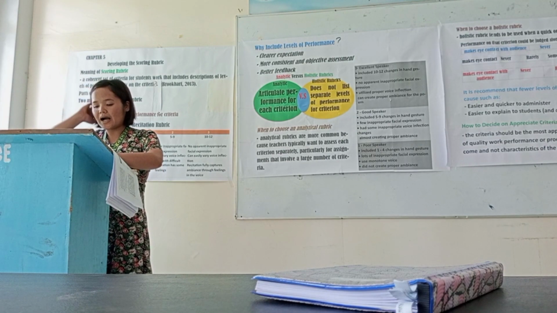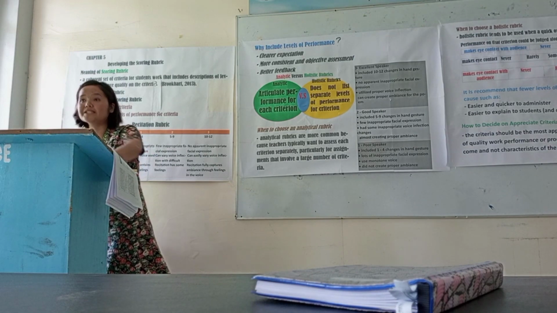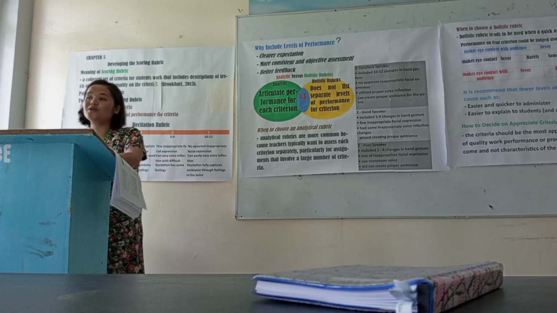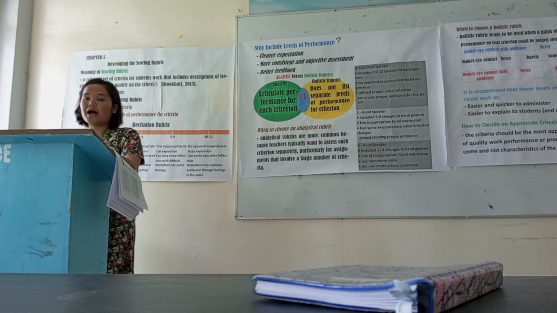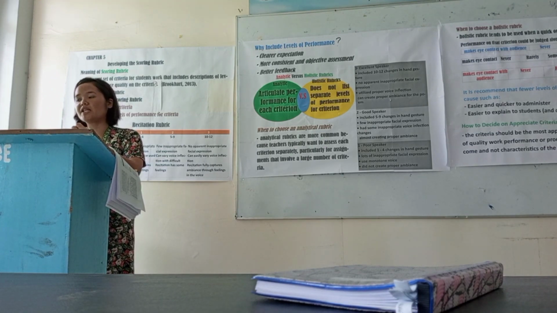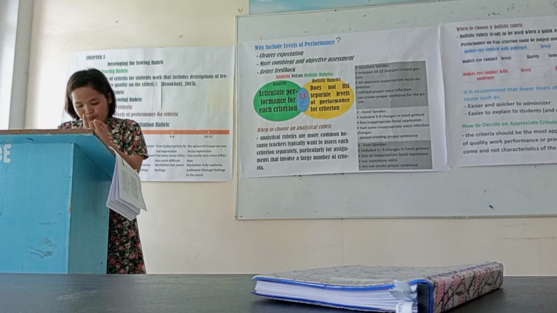This general rubric, magagamit natin siya sa pangkalahatan. Lagi natin tatandaan na pag sinabi natin general rubrics, we can use it sa pangkalahatan. Just like for example, in essay, may rubric tayo sa essay na pwede natin gagamitin sa problem solving, na pwede natin gagamitin dun sa creativity.